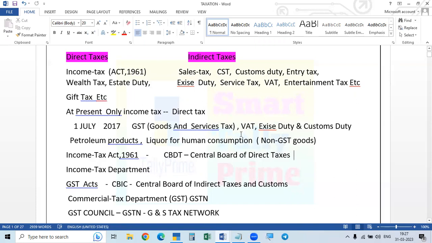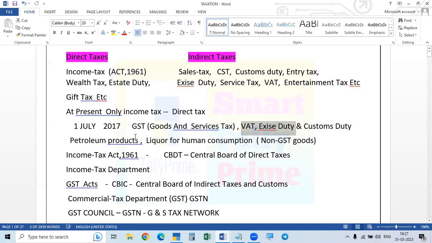That is called manufacturing, as well as liquor manufacturing. So along with the VAT, excise duty is levied. Excise duty and VAT go side by side on the non-GST goods. Except these two, GST is applicable on all other goods. For imports there is GST and customs duty, and all goods made in India come under the GST.